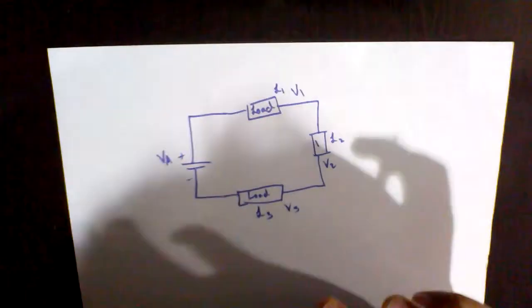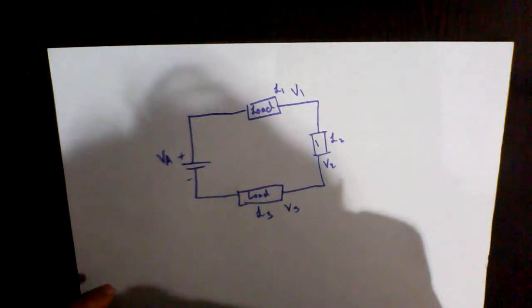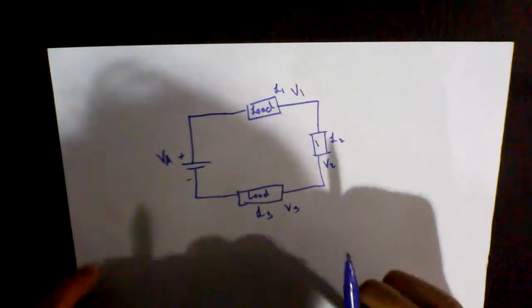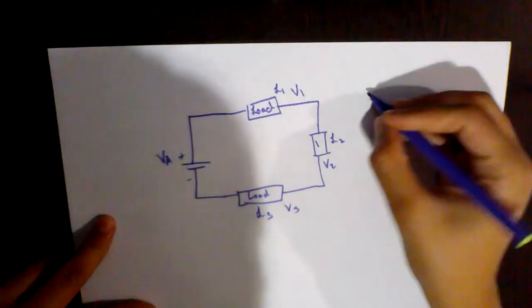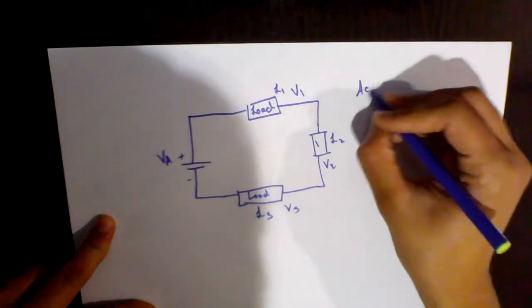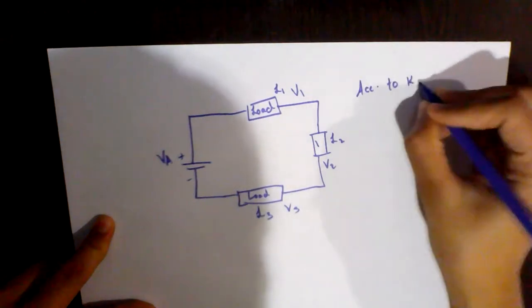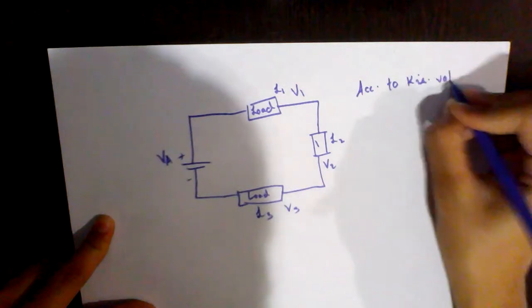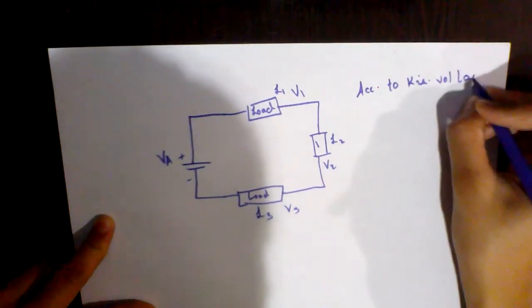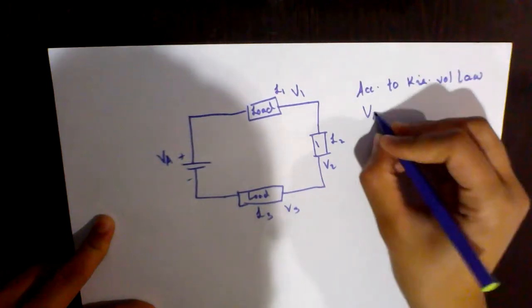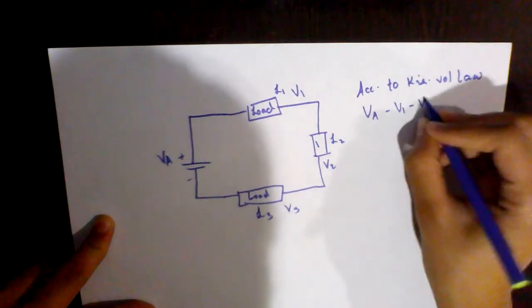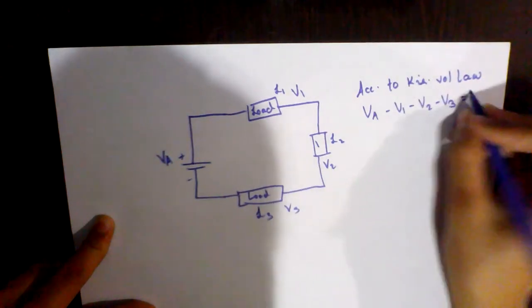So according to the law, I'll write it down. According to Kirchhoff voltage law, VA minus V1 minus V2 minus V3 is equal to 0.